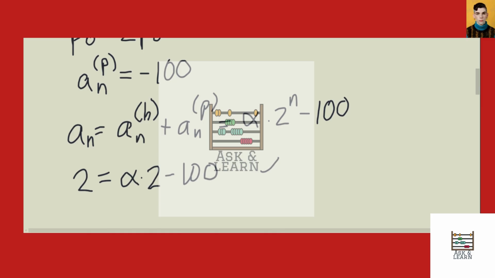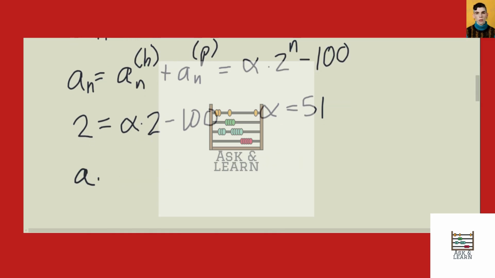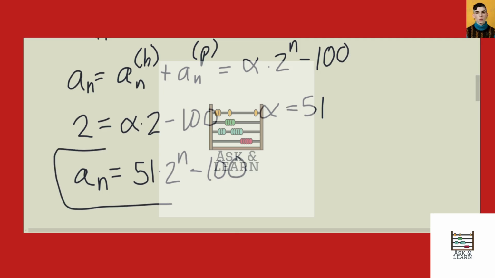So alpha is equal to 51. And therefore, the solution to the linear non-homogeneous recurrence relation is 51 times 2 to the n minus 100. And this is the number of goats on the island at the start of the nth year.